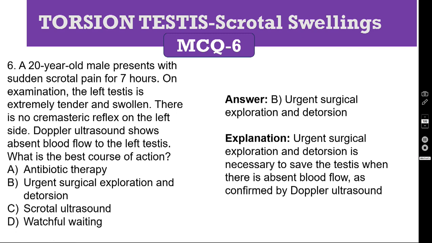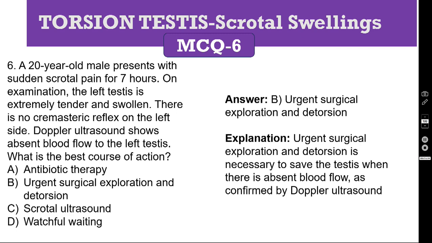The most important thing is that you have to fix the testis in 3 places: the upper pole of the testis, the lower pole, and the middle. You have to fix the tunica albuginea of the testis to the dartos muscle with non-absorbable suture material like Prolene. This is what you have to do.